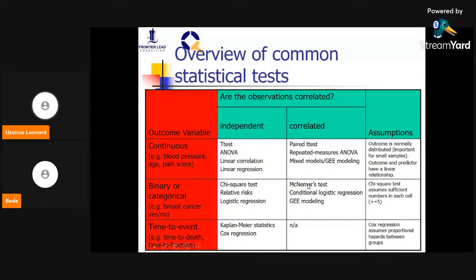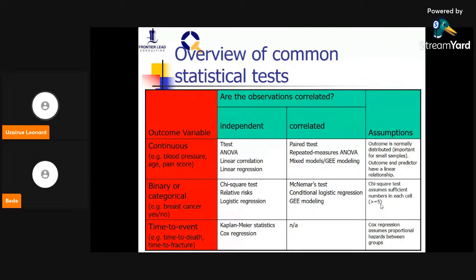If they are correlated, they are related, you use McNemar's test or conditional logistic regression. Remember the assumption here is that chi-square test assumes a sufficient number in each box, so it must be greater than or equal to 5, like I explained in the preceding slide.